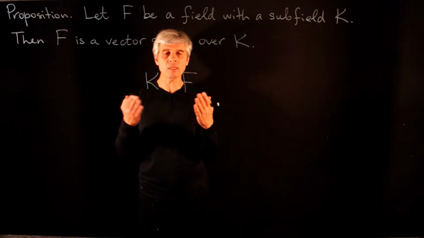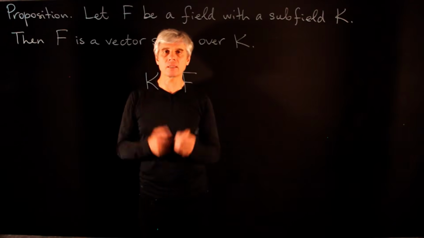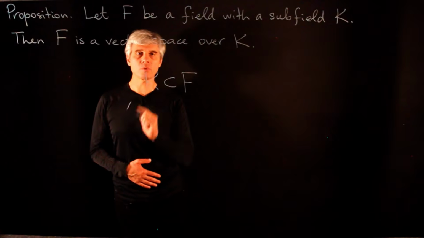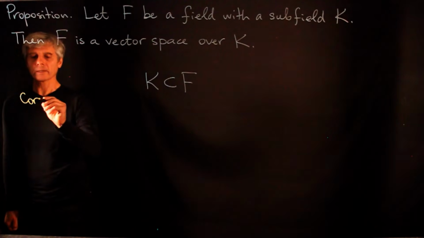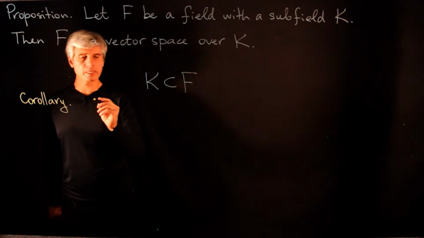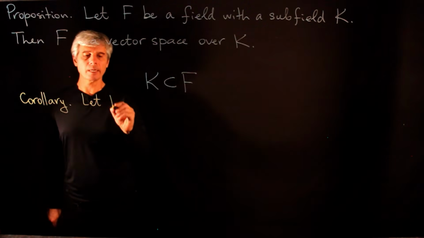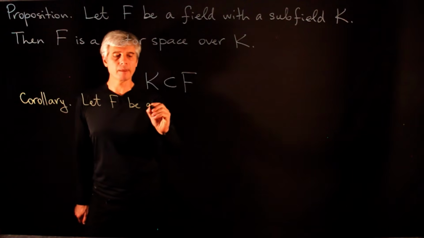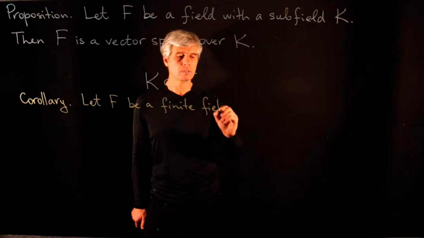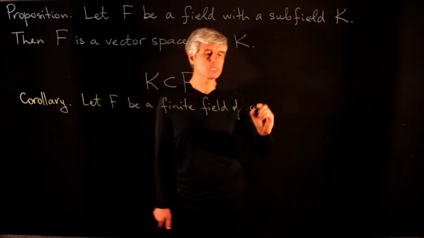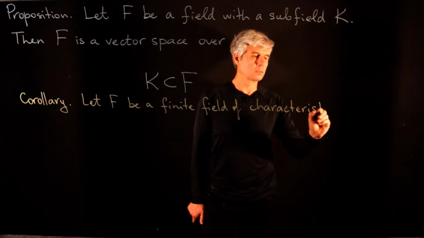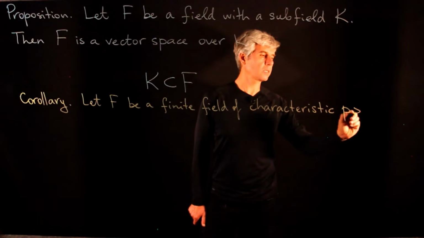And so then what we obtain is that in this situation, F can be viewed as a vector space over the field K. So as a corollary, we can state the following. Let F be a finite field of characteristic P greater than 0.